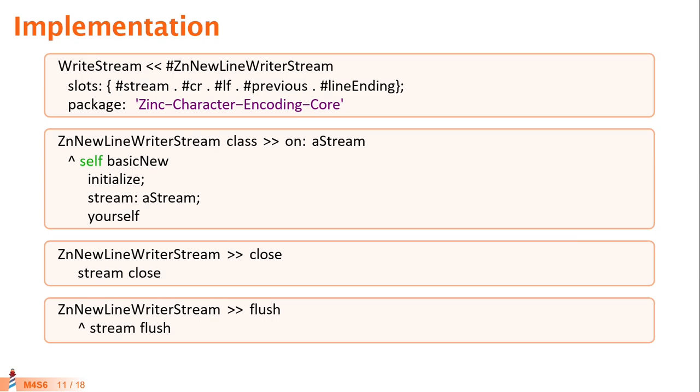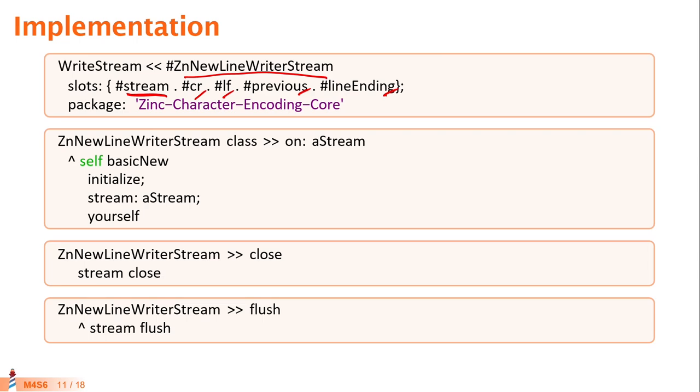If we want to check the implementation of this, of course, here we have the new line write stream that knows, for example, the stream, which is the decoree, and it knows several data that it uses to actually replace the new lines. So for example, here it knows the CR, the LF characters, the previous character, and the line ending that it is going to be replacing.